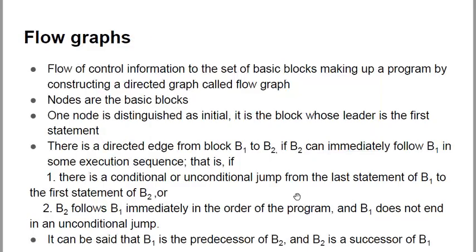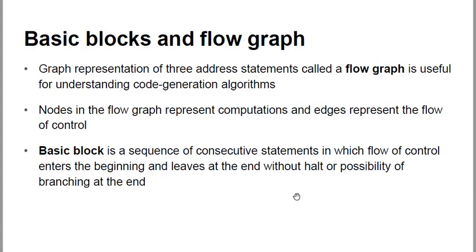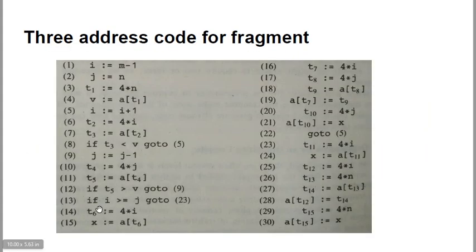You can already understand that after this statement, the basic block will start from line number 14 and go up to line number 22, because this is a conditional jump, go to 5, which means basic block 2. That is why there is an arrow from B5 to B2. So B5 comprises lines 15 to 22. B6 comprises lines 23 to 30.